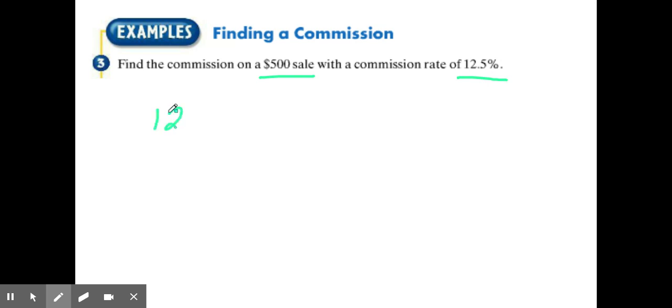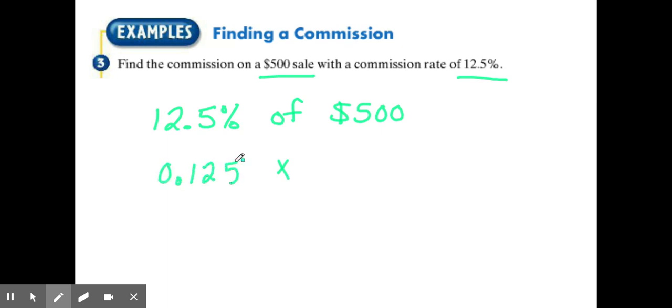So he gets to keep 12.5% of $500. We know of means to multiply. 12.5% written as a decimal is 0.125 times 500.